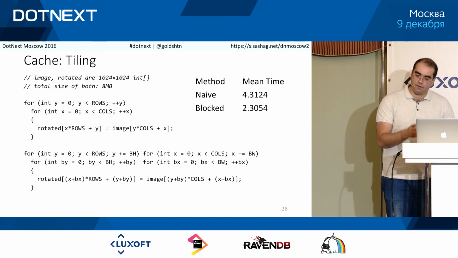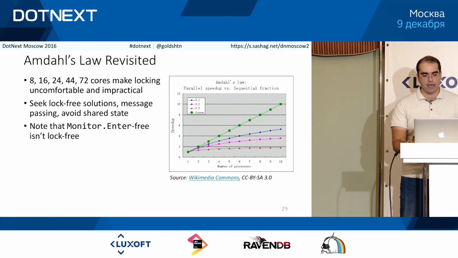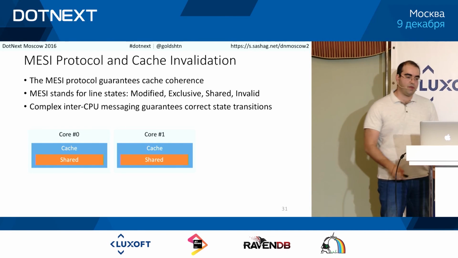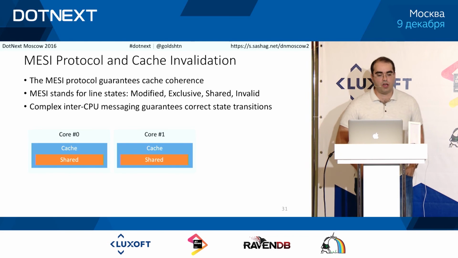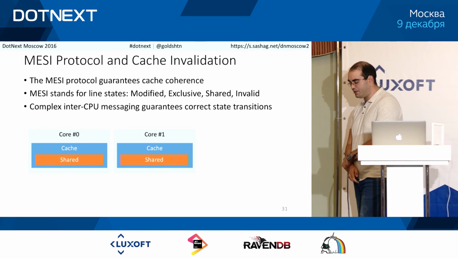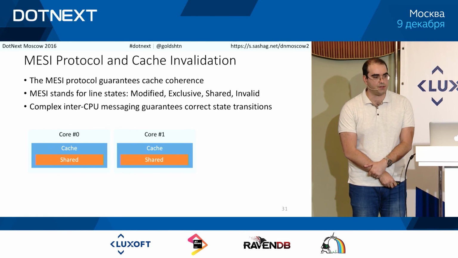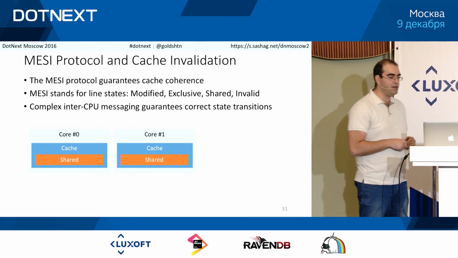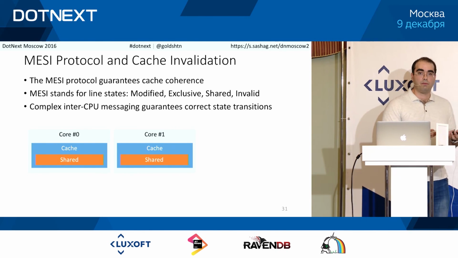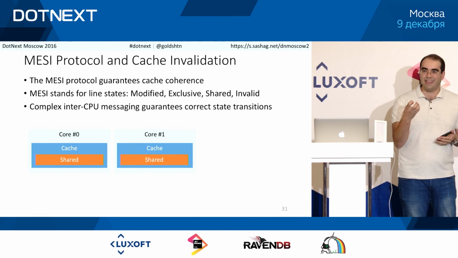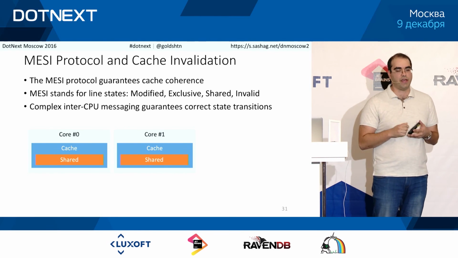I want to show you one final example that has to do with cache invalidation. Not just accessing the cache correctly, but rather what happens when you have multiple processors, multiple cores, competing for the same memory area. So there is a protocol between processors when both processors want to write to a particular memory area.